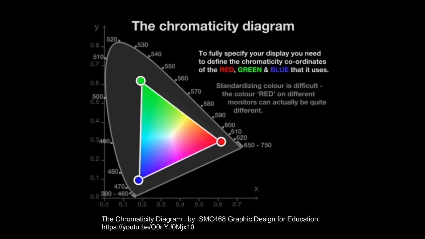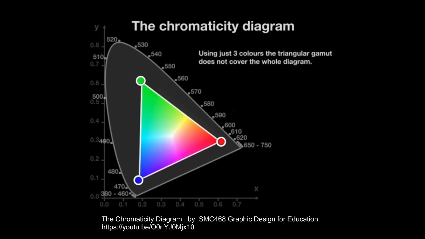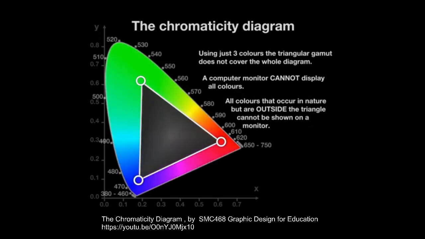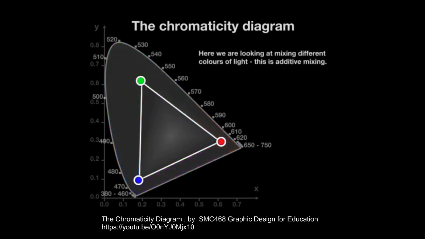To fully specify your display, you'd need to be able to identify what reds, greens, and blues it can reproduce. And standardizing colors is difficult because each display has a different red, a different green, and a different blue, sometimes from one serial number of a display to another. So one of the drawbacks, I'm sure you're aware of this, is that a computer monitor cannot depict all the colors that you can see.